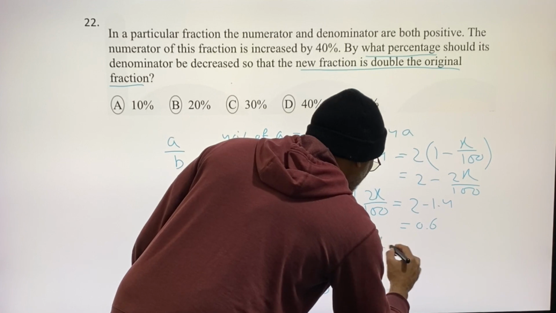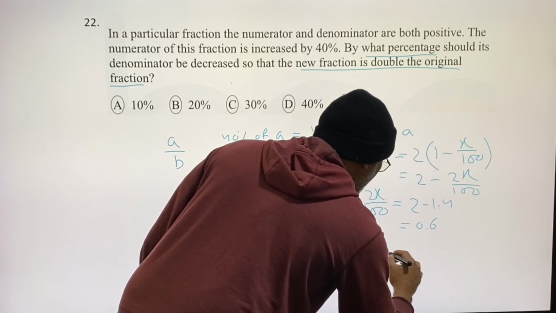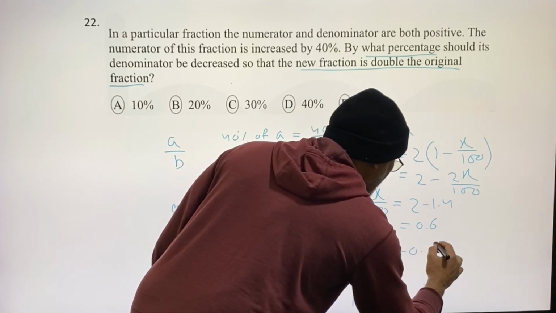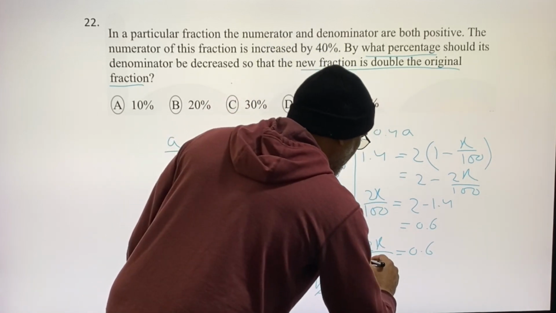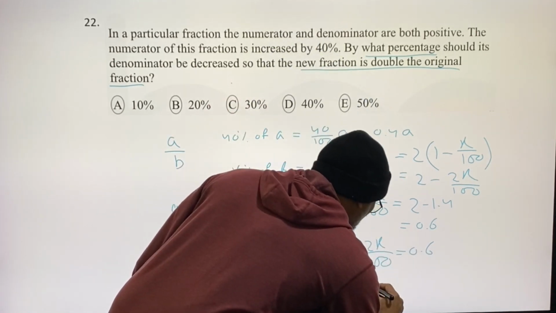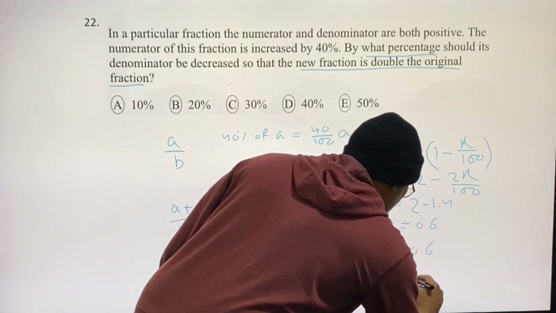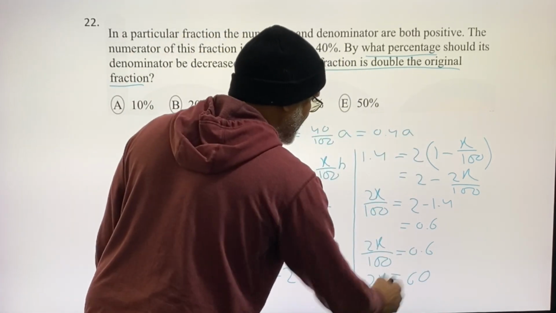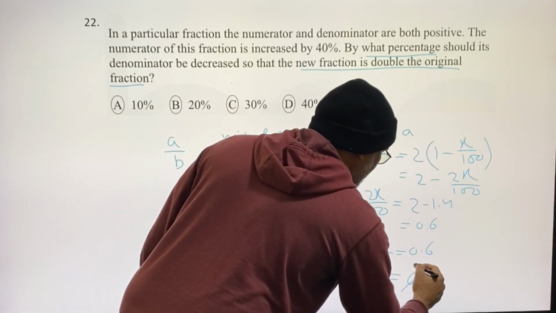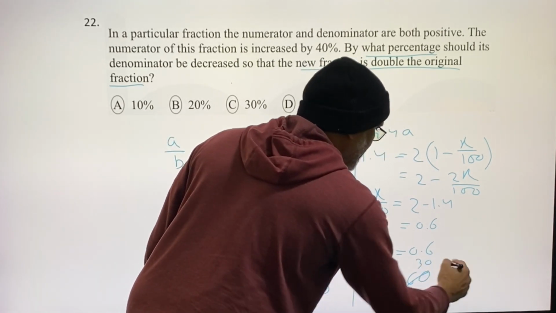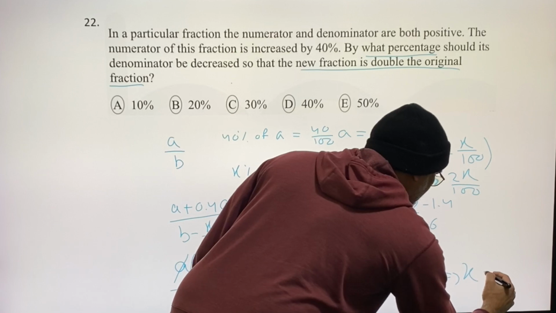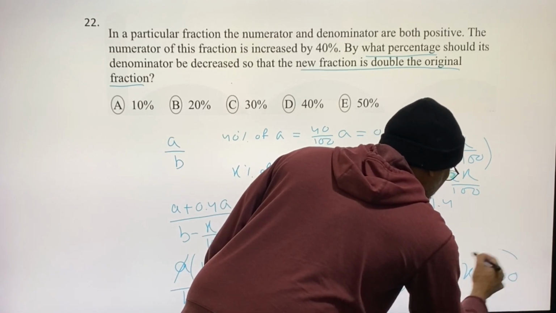So 2X by 100 is 0.6. I take 100 to that side. So 2X is 0.6 times 100, which is 60. If I divide both sides by 2, this is 30. This tells me X is equal to 30, right?